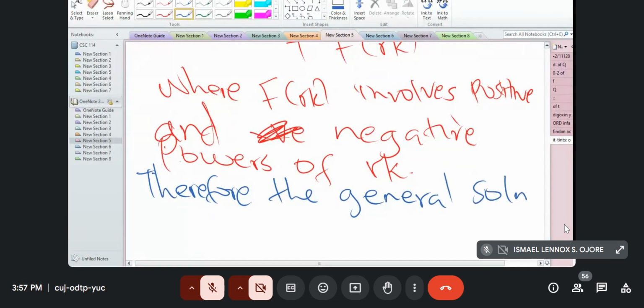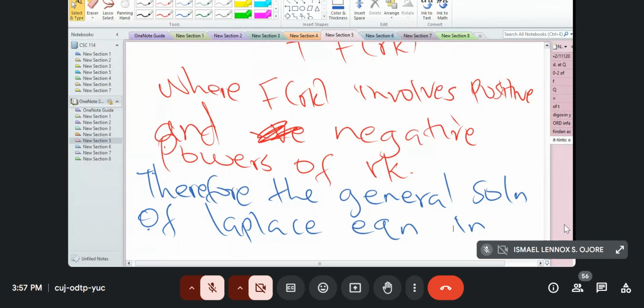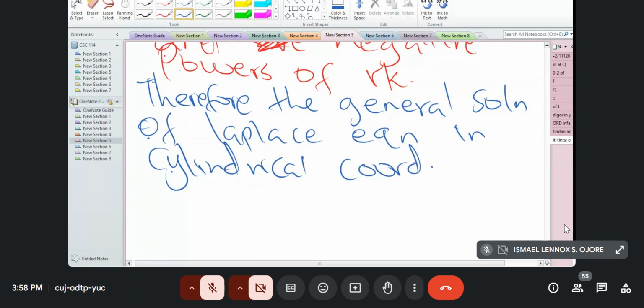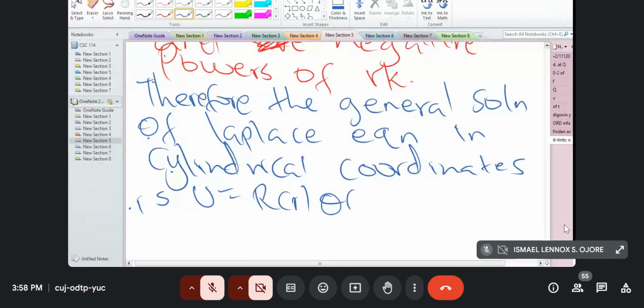The general solution of Laplace equation in cylindrical coordinates is u, the function R of r times Theta of theta times Z of z.